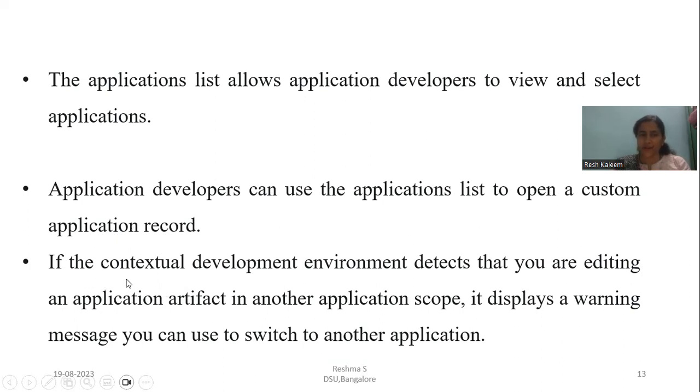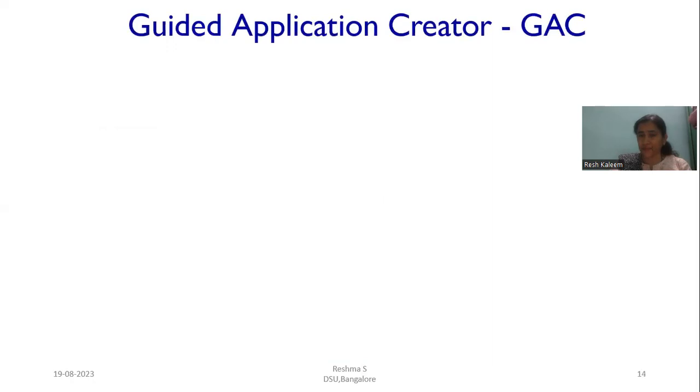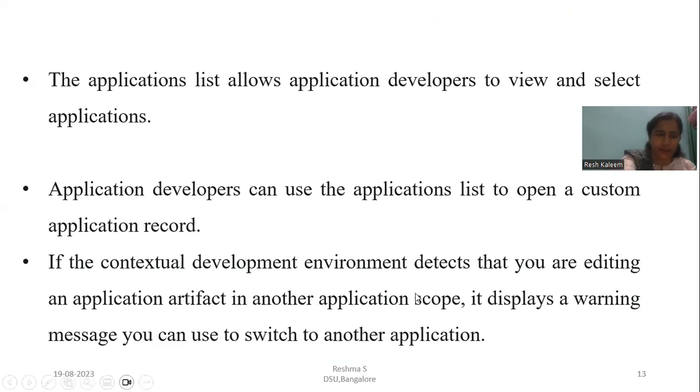And if the contextual development environment detects that you are trying to edit an application artifact in another application scope, it will display a warning message saying that you are trying to open an out of scope application. I'll show that.